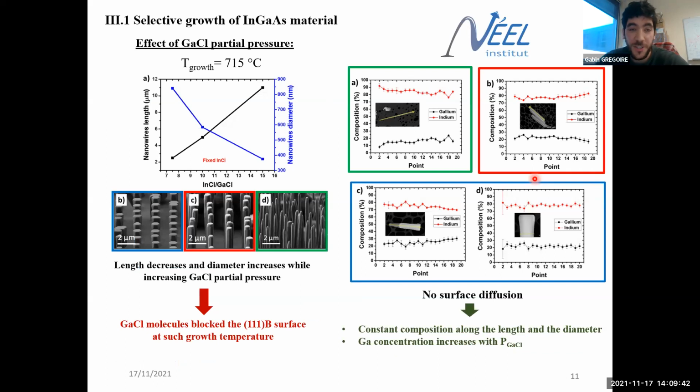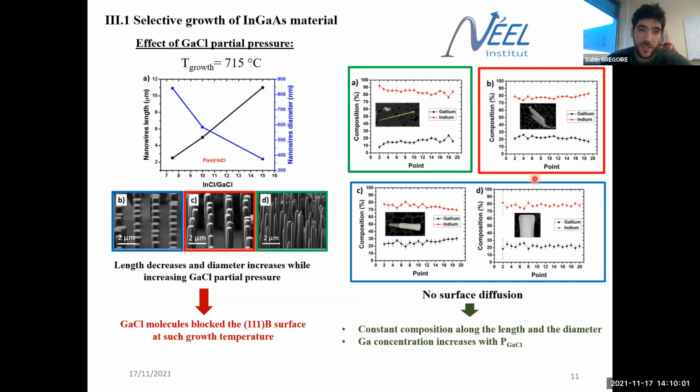Then, since we achieved the growth of indium arsenide and gallium arsenide material, we decided to try the growth of indium gallium arsenide. So first, I started by using indium arsenide growth conditions, so with an indium-rich environment, and then by adding some gallium.